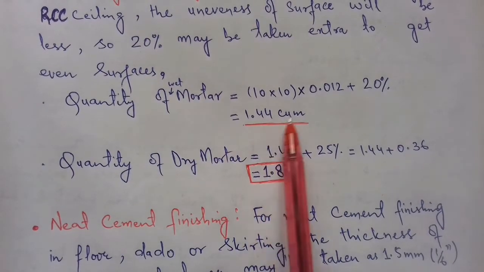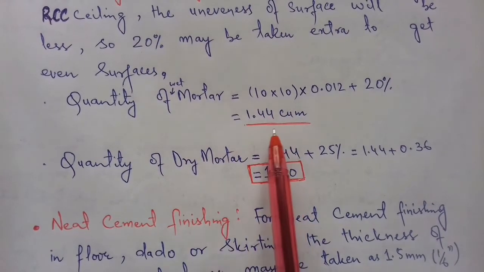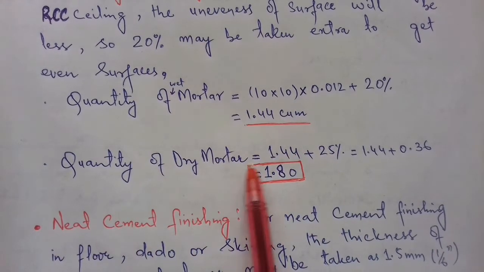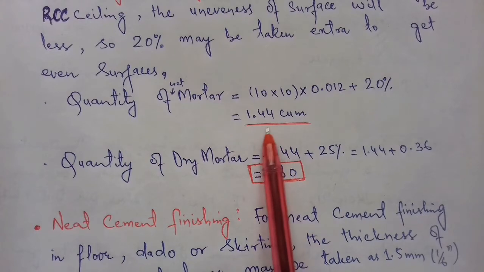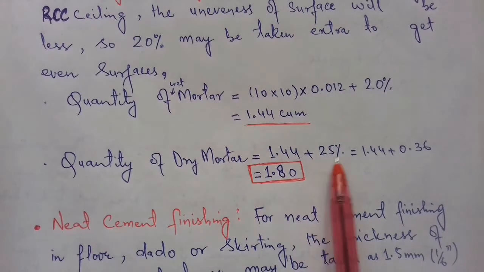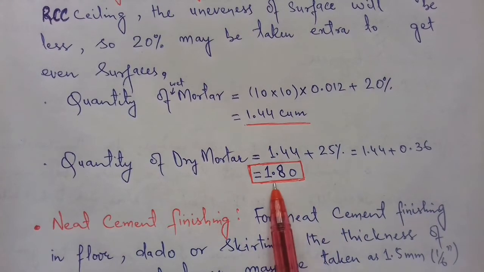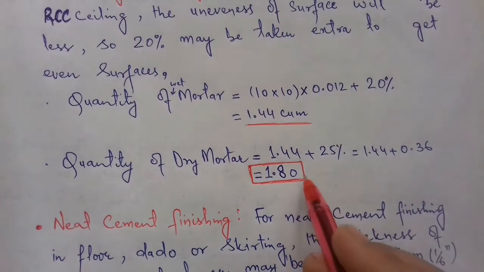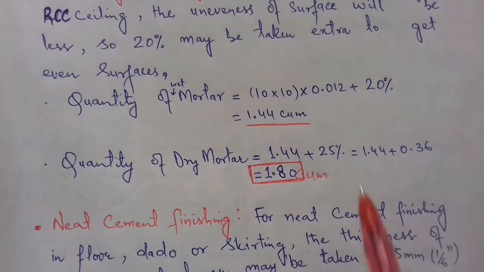Now if we have to convert it into dry mortar, we need to increase this quantity by 25%. Therefore the quantity of dry mortar is equal to this quantity plus its 25%, and after calculation it comes 1.80 cubic meter.